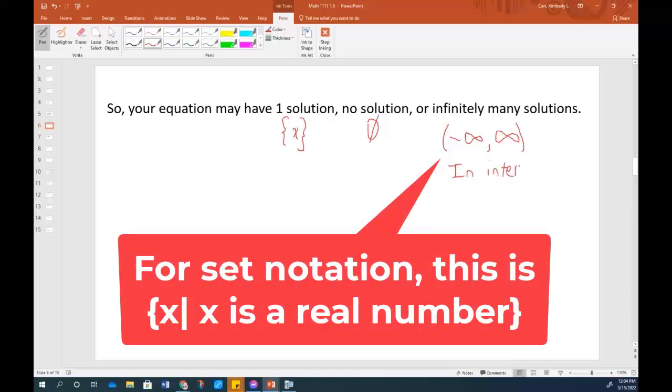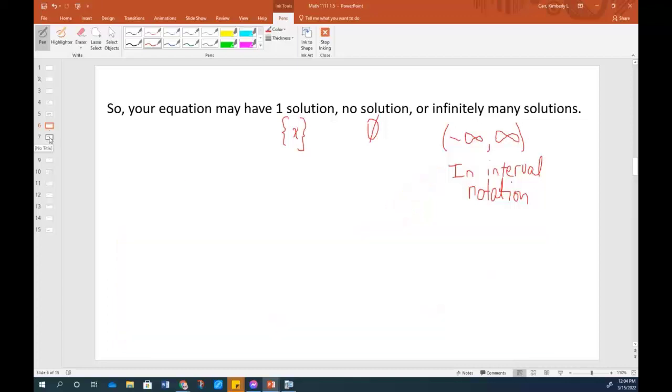And you've practiced with that some. So in interval notation, one solution is where you just put one number in the list. No solution is the empty set. Infinitely many ends up being the entire number line from negative infinity to infinity when you're solving for x. And that's interval notation.